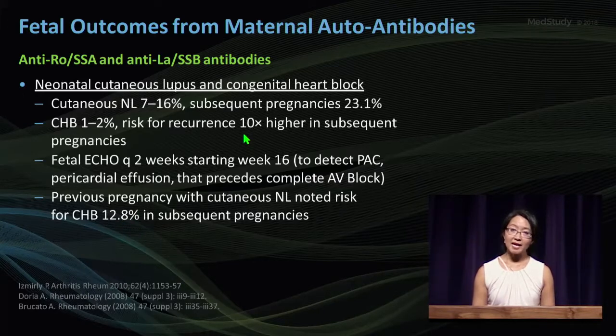So if mom has a history of positive Ro or La antibodies, it's important to get a fetal echocardiogram in utero every 2 weeks starting at week 16, because the cardiologist or the high-risk OB can actually detect premature atrial contractions and pericardial effusion that precede AV block.